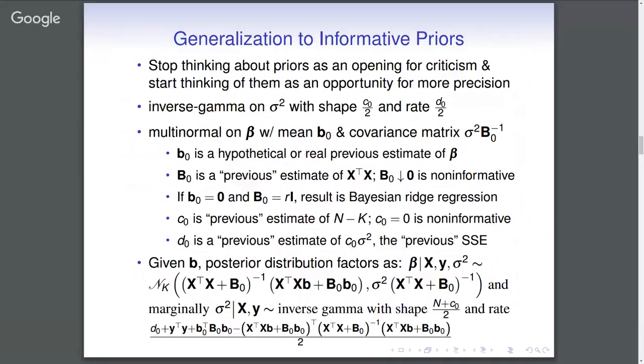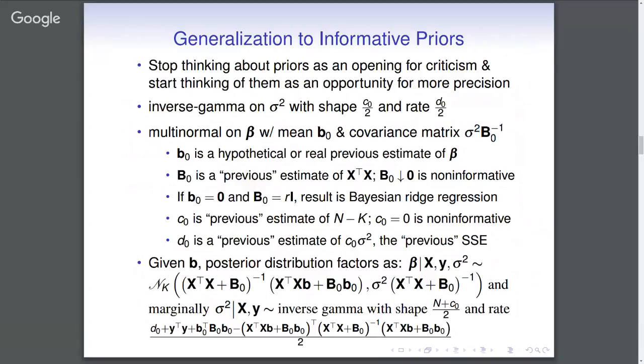So when you say multinomial on beta, you mean multinomial on what beta is distributed as, which is a normal? Yeah, multivariate normal for beta. A multivariate normal distribution has a mean vector and a covariance matrix.